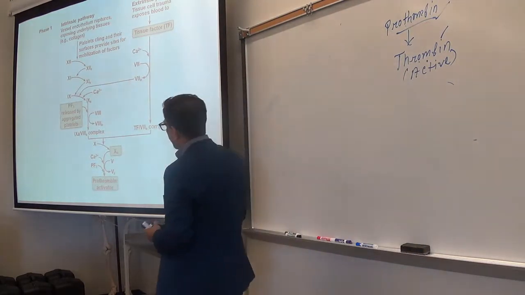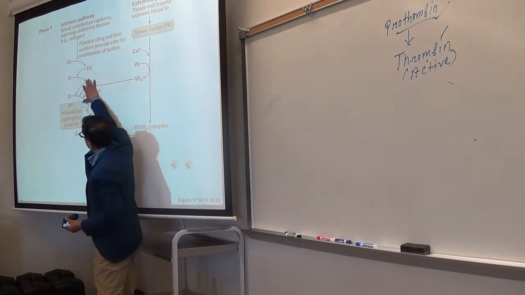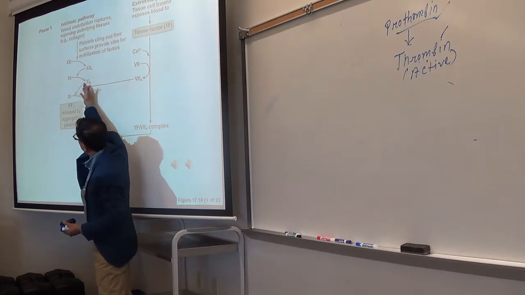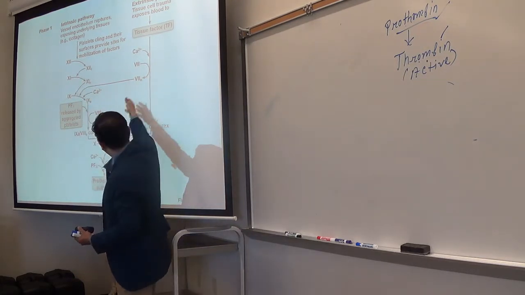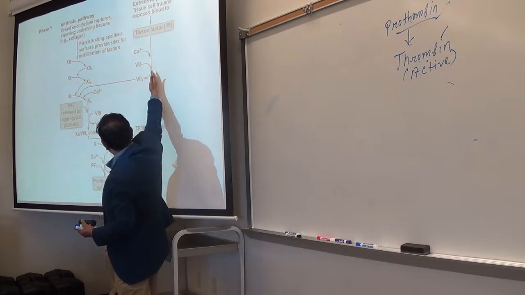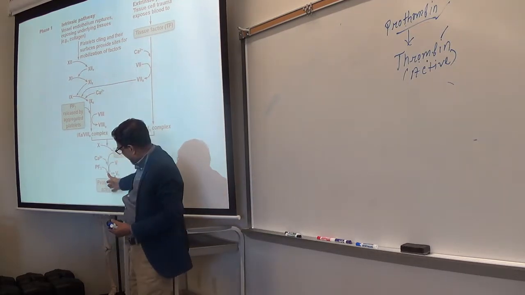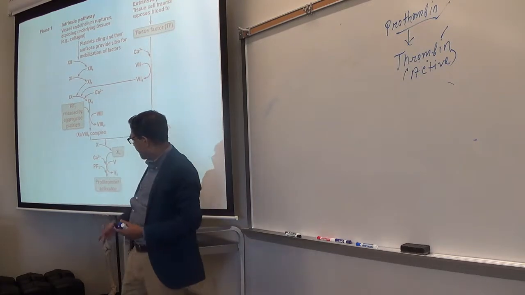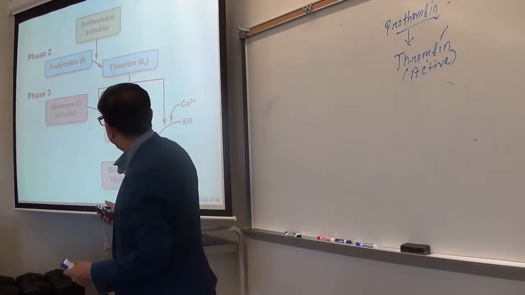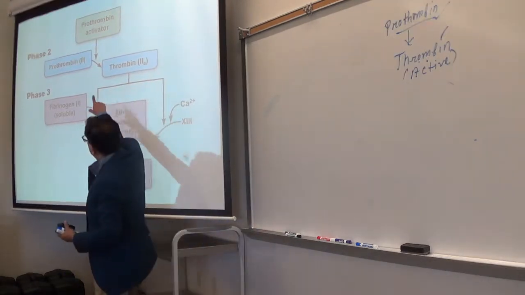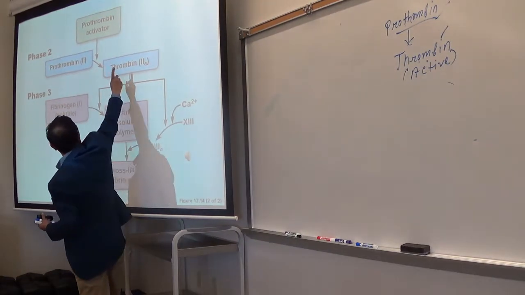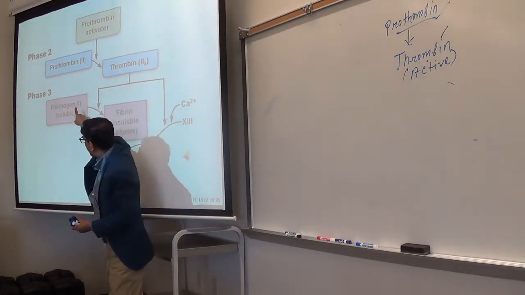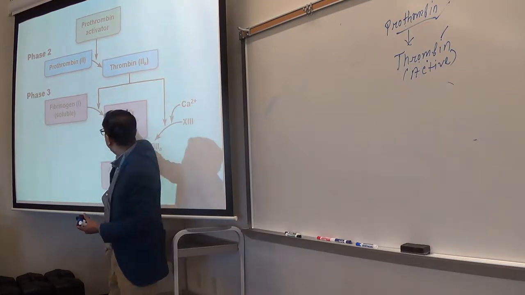So here you see the intrinsic pathway goes through different reactions, a cascade of reactions. Extrinsic pathway, the final product of both pathways, the common product, is prothrombin activator. Then prothrombin activator converts the inactive prothrombin to active thrombin. Thrombin converts the plasma protein fibrinogen to fibrin. Okay.